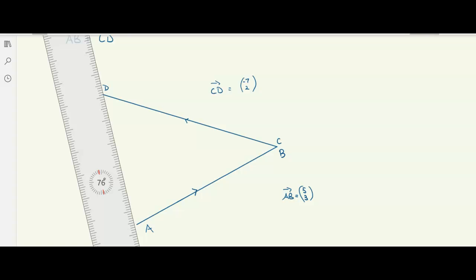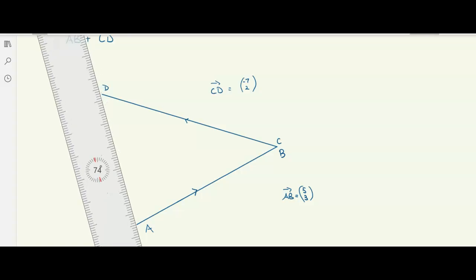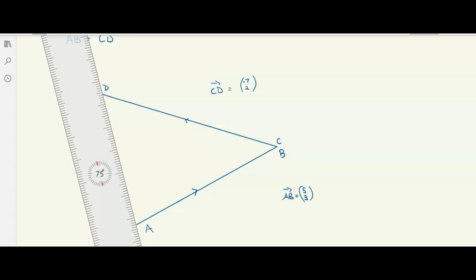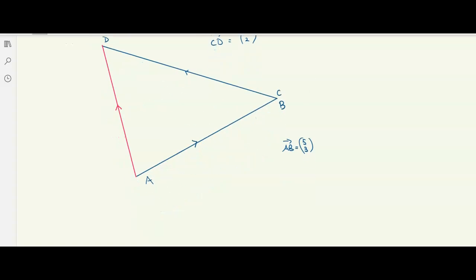If we can just position that one like so. So I can pick up that vector. That will be it just there. And if I draw that in, then that is from A to D. So the vector AD is equal to AB plus CD.